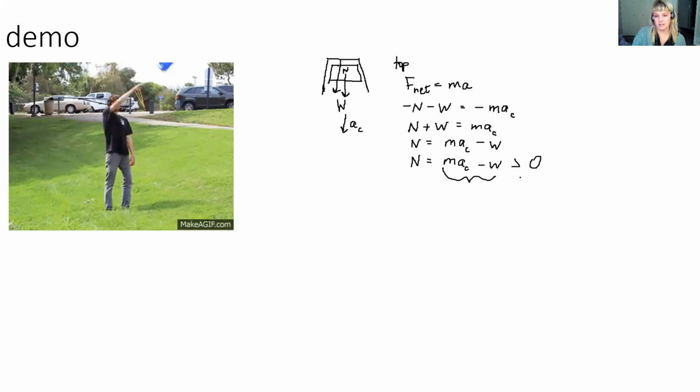I'm going to write these out a little bit in more detail. So mass times the centripetal acceleration, which is v squared over r. Weight of the water in the bucket is equal to the mass of the water in the bucket times g.